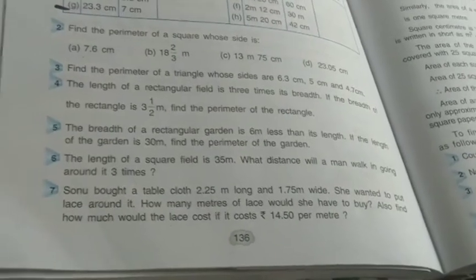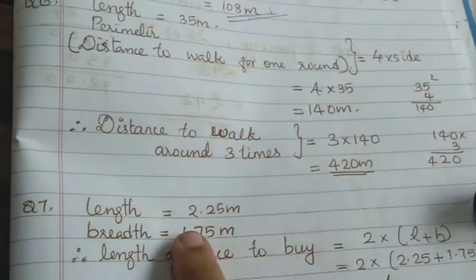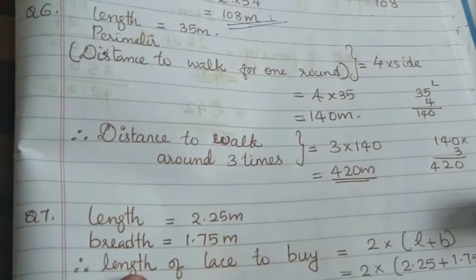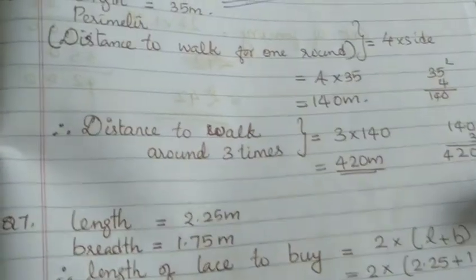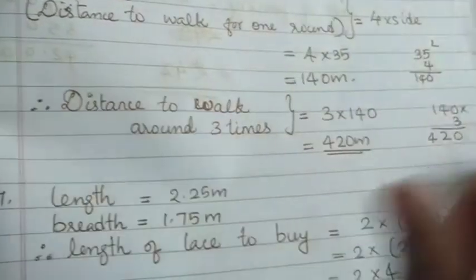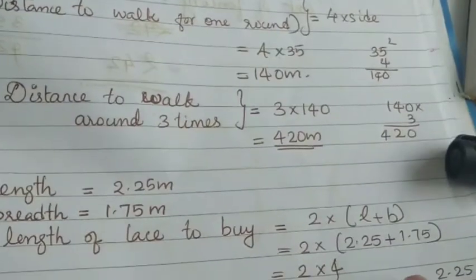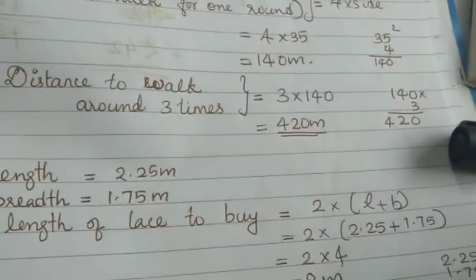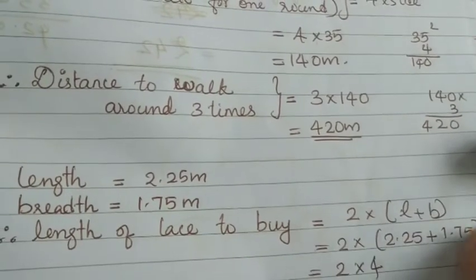Length is 2.25 meter, breadth is 1.75 meter. To find the length of lace to buy, we have to find the perimeter. Perimeter is equal to twice into length plus breadth.